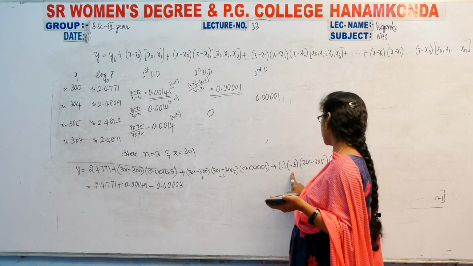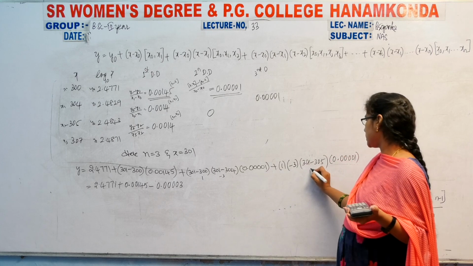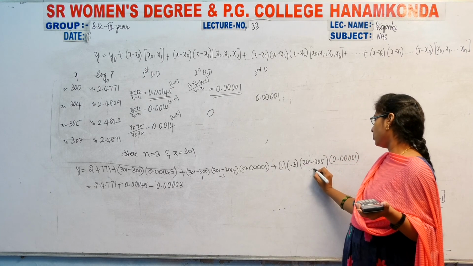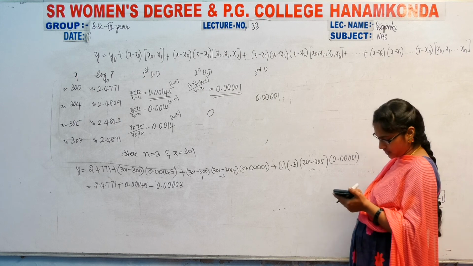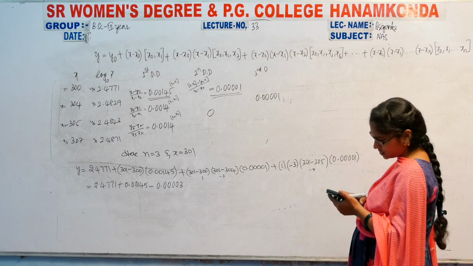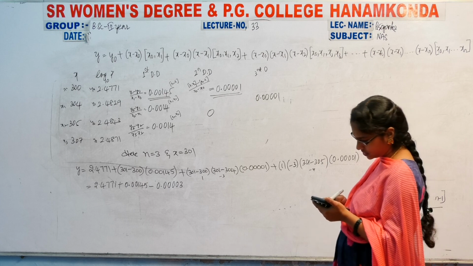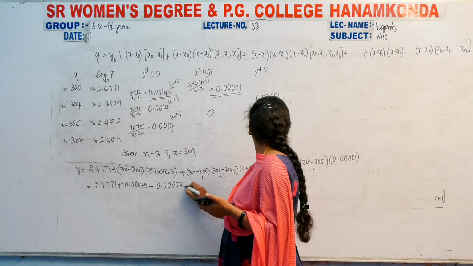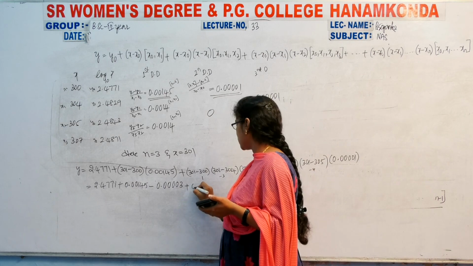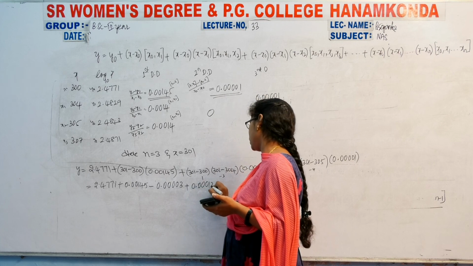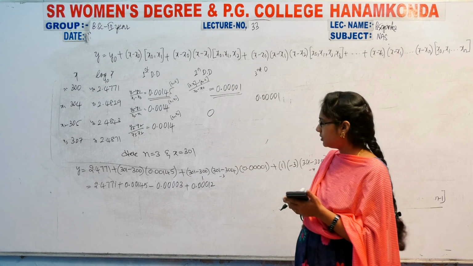This is finished. Next, 1 minus 3 and here minus 4, minus into minus is plus 12, so 12 into 0.00001. Actually we will get plus 0.00012.